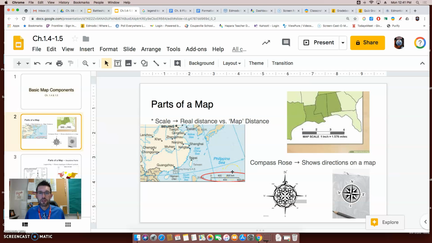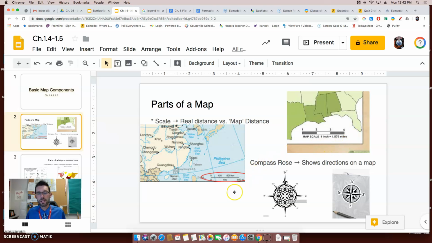Now the scale can look two different ways. Right here where I'm circling, we see a line with some dashes on the top and the bottom. The scale you see here is in the shape of a very skinny rectangle, and you notice that it alternates between gray and white.